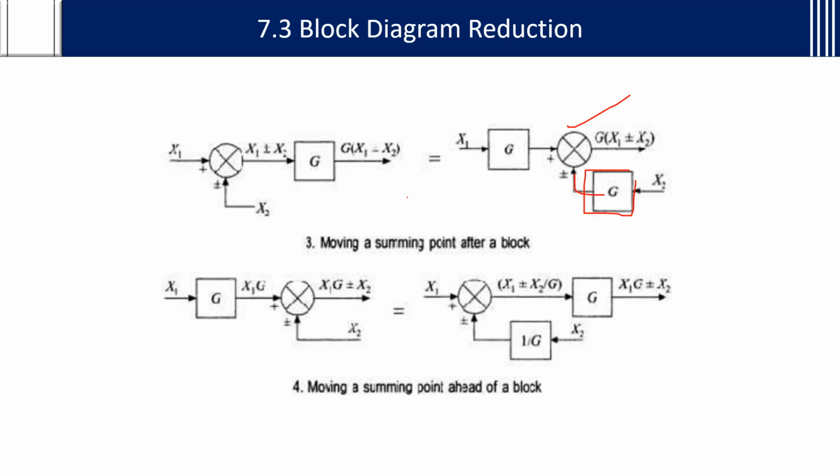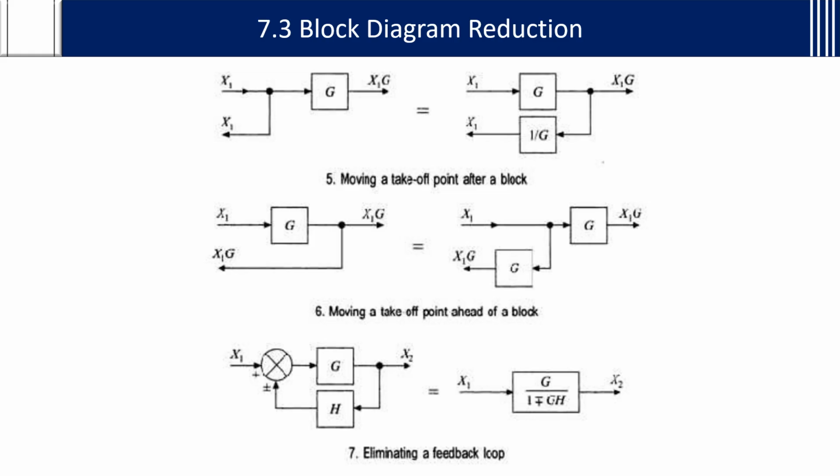If you are moving the summing point left, that is ahead of a block, then you need to add a 1 by G block in that signal. Keep that in mind. These two are very important.